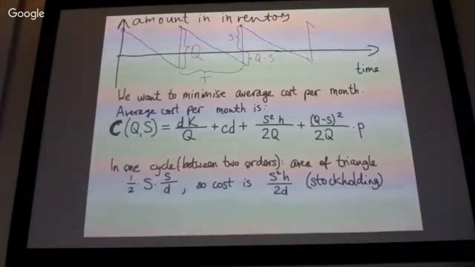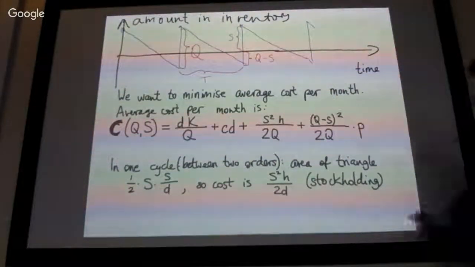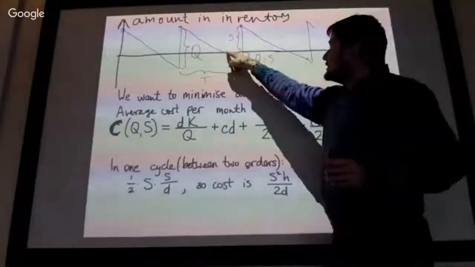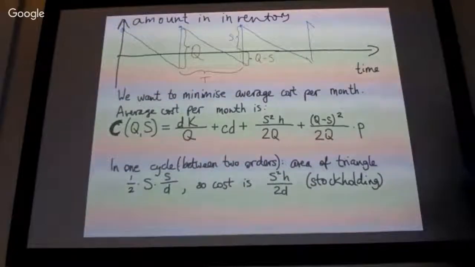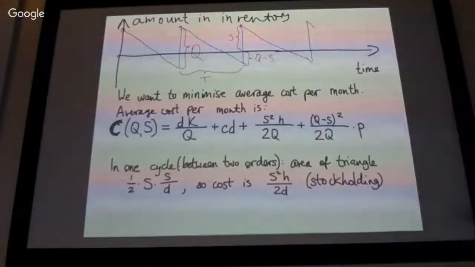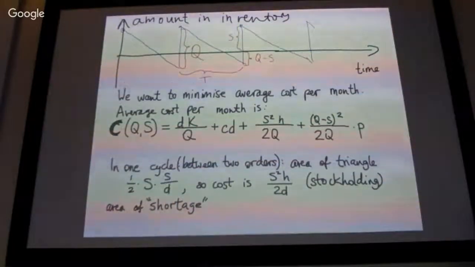And this other triangle is the shortage cost. It's the area of the shortage triangle.